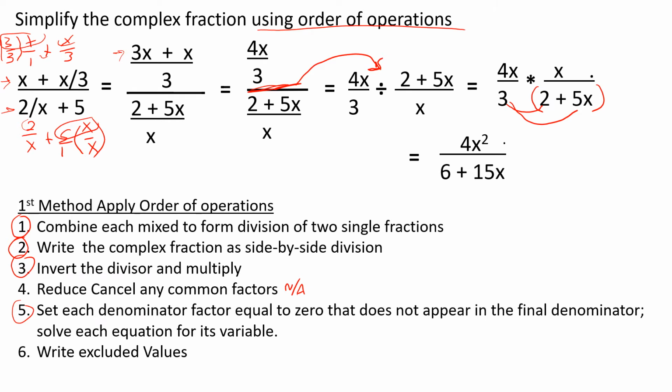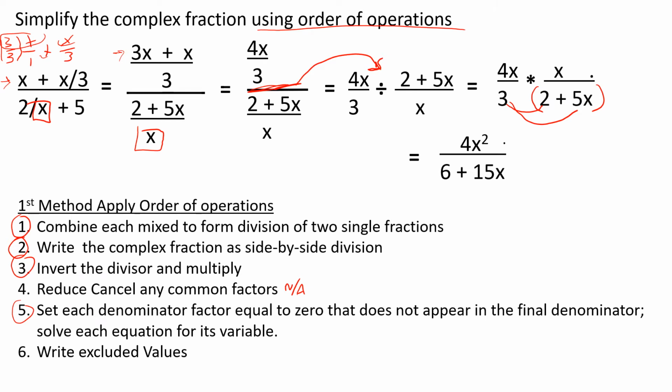So now we have to go back and look at our original equation. Well, in the original one that we started with, there is an x in the denominator. And that's true for us right here. There is an x in the denominator.